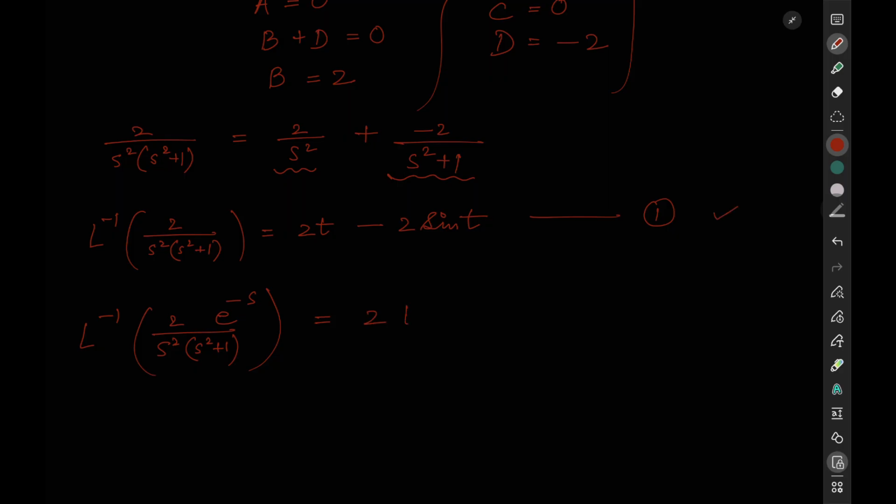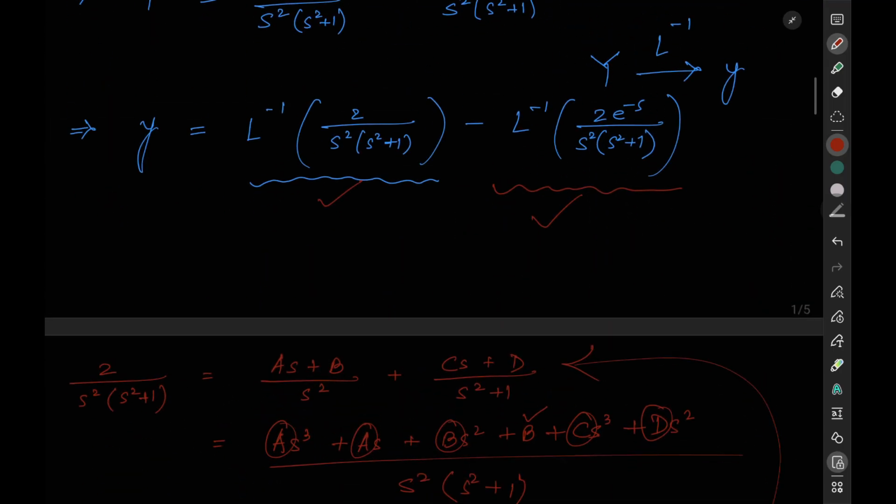So it will be 2 times t minus a, that is 1, minus 2 sine of t minus 1, multiplied by u of t minus 1. So this will be the solution of the second part. And y will become Laplace inverse of the first part minus Laplace inverse of the second part.